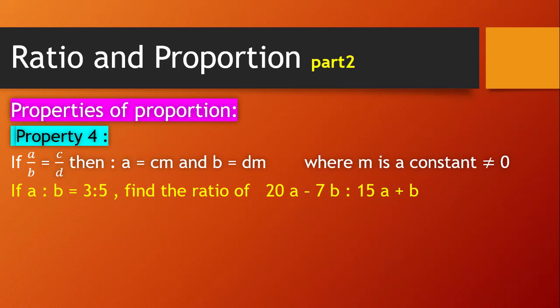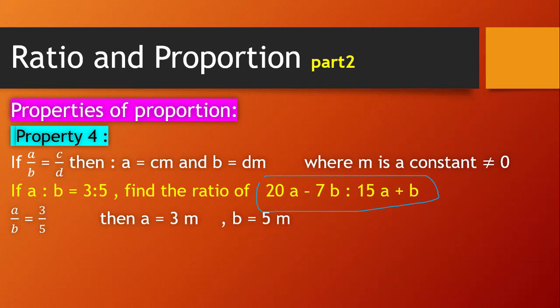So now a equals 3m and b equals 5m. Let's substitute here. Instead of a, I write 3m. Instead of b, I write 5m. So 20 times 3m minus 7 times 5m to 15 times 3m plus b, which is 5m.